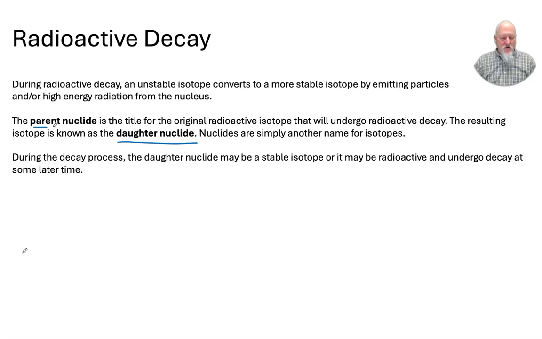The initial nucleus, or the initial isotope, is called the parent. That's radioactive, and after it breaks apart, it makes a daughter nuclide and maybe an alpha particle or a beta particle or gamma radiation, gamma rays. The product, the daughter, could still be radioactive and go through its own radioactive decay, or it may be stable and that decay will be done.